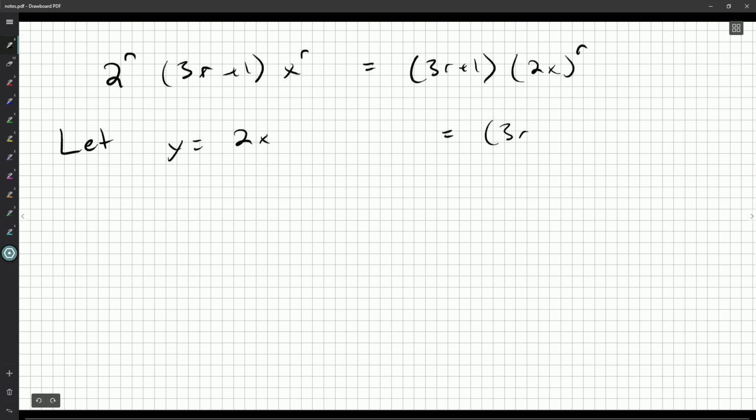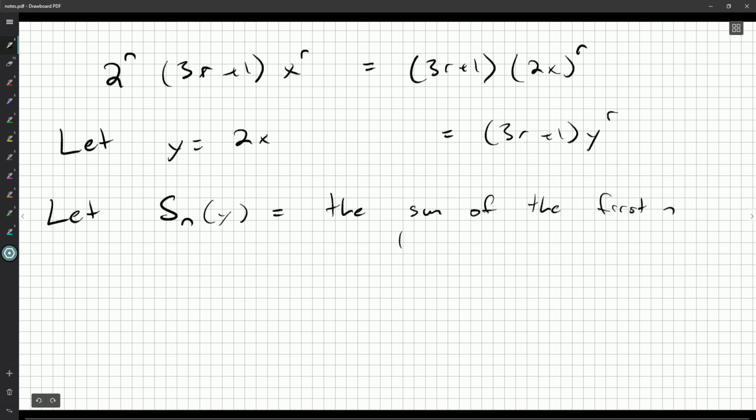So our terms are now (3r plus 1) y^r. Okay? So let S_n of y equal the sum of the first n terms, because that's what they want me to talk about.